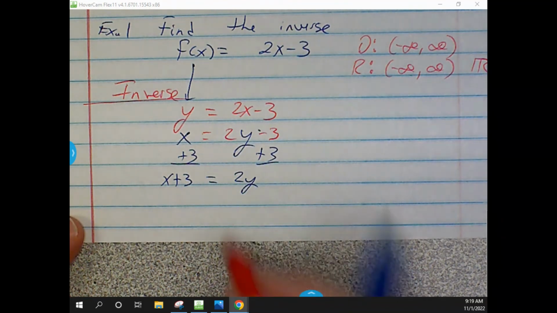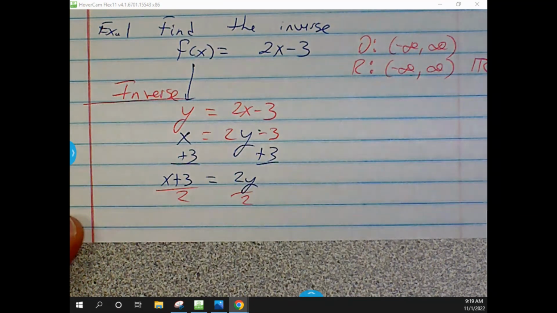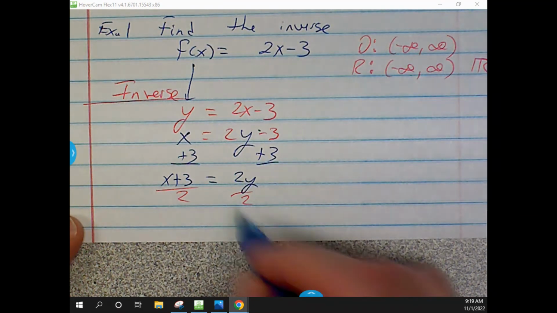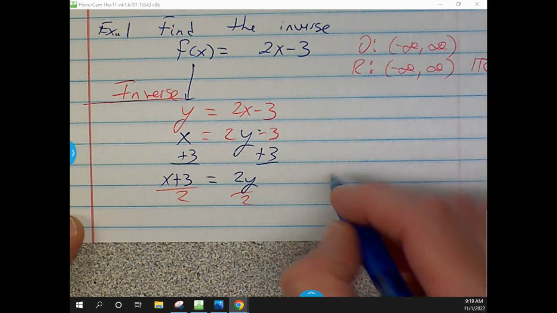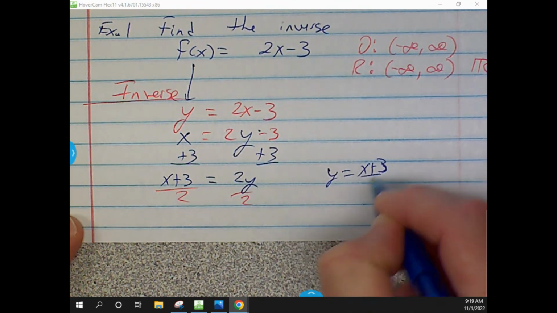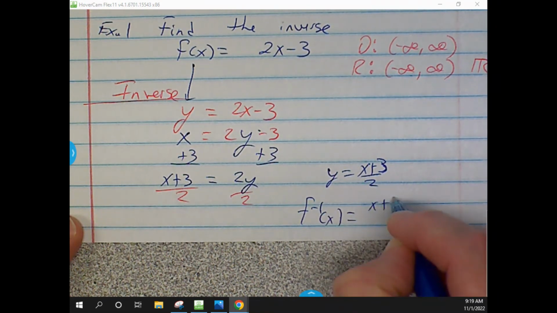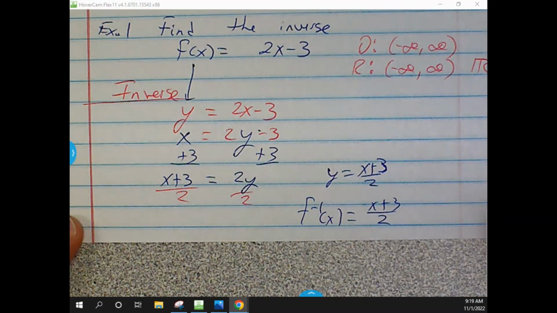And then to get y by itself, we're just going to divide it by 2. So then we've got y equals x plus 3 over 2. So again, instead of y equals, just do f negative 1 of x. And that's x plus 3 over 2.